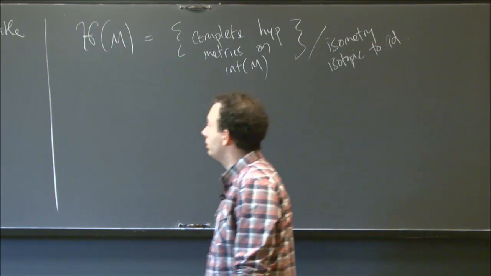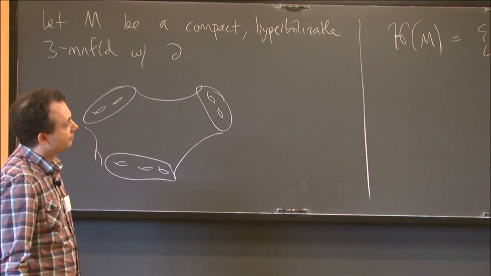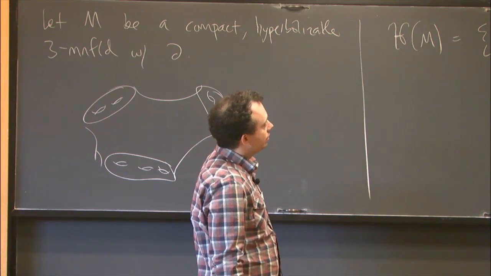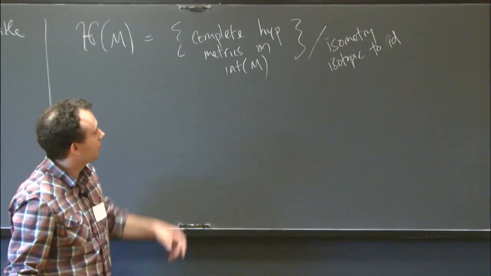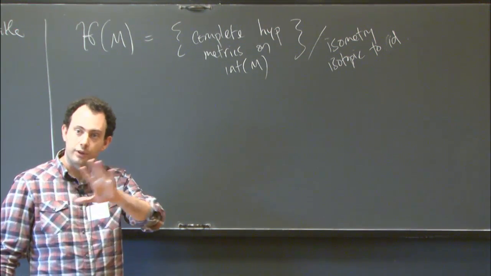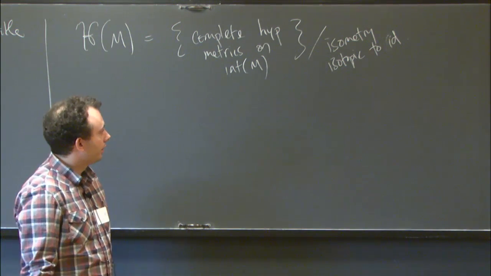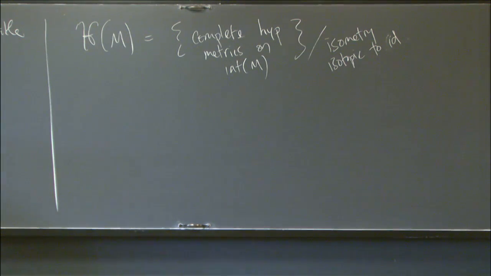So this is a Teichmuller space, if you will, of hyperbolic metrics on the interior of this 3-manifold. If you like, you could topologize this by saying, when are two hyperbolic metrics close? Well, they're close if they're C infinity close on compact subsets of M, and then one can take the quotient topology. So then this is a space of complete hyperbolic metrics on the interior of M.